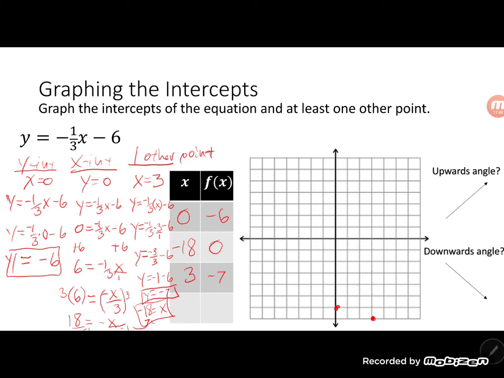Right there. And our x-intercept is going to be way over at negative 18. We're actually not going to be able to graph it because it's so far over. But the line's going to look something like that, and we can sketch it going over something like that.